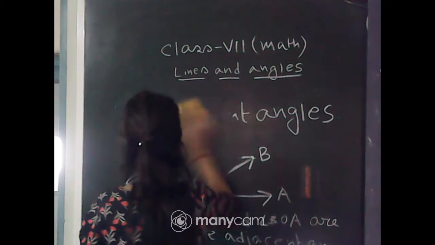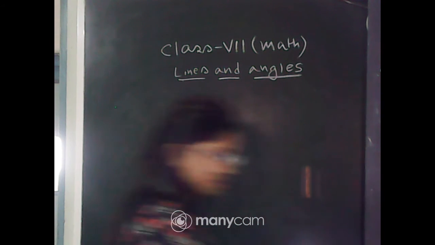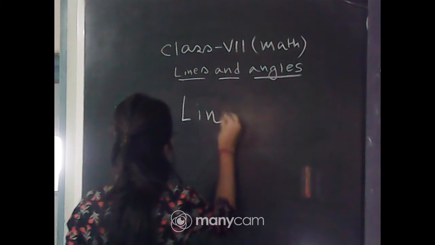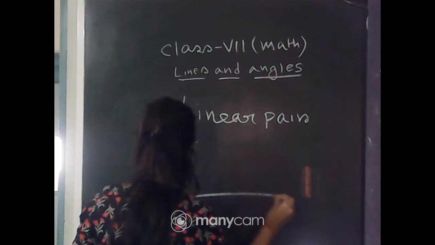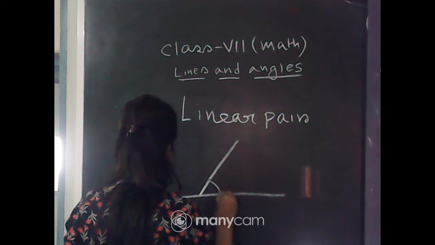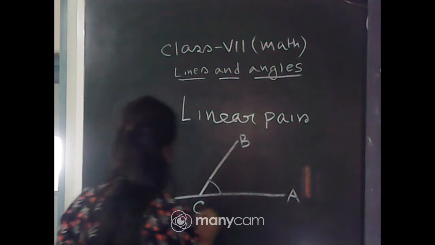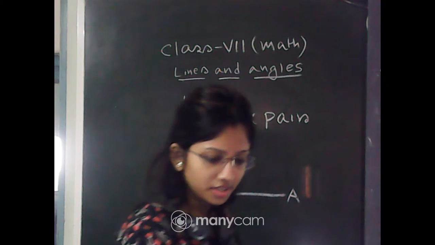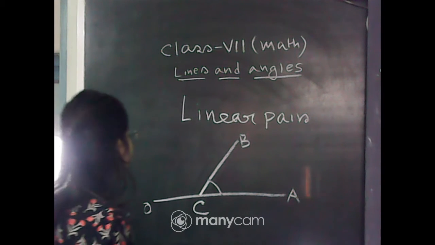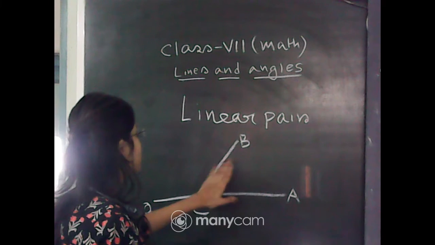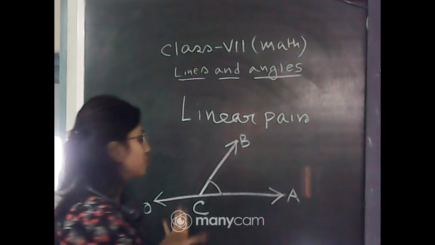Next, linear pair. A pair of angles are said to be linear pair if they are adjacent angles, but the non-common arms are opposite rays.